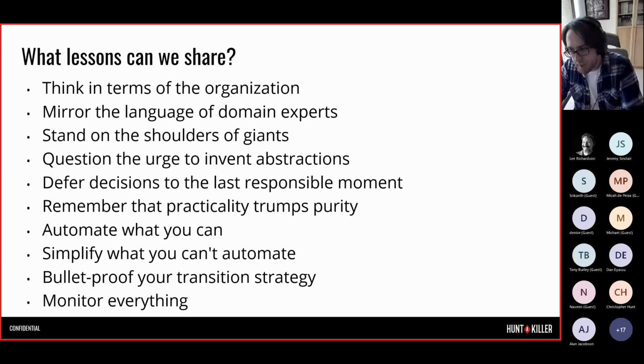Finally, and we're coming back now to the actual microservices of it all, the actual breaking up of this monolith into a microservice and deploying it. Have a bulletproof transition strategy.